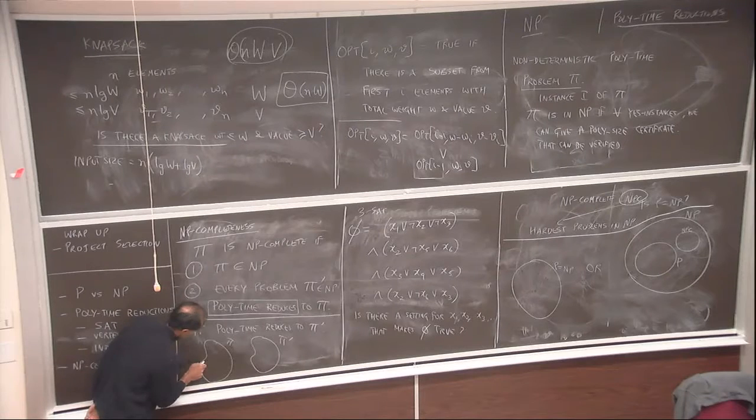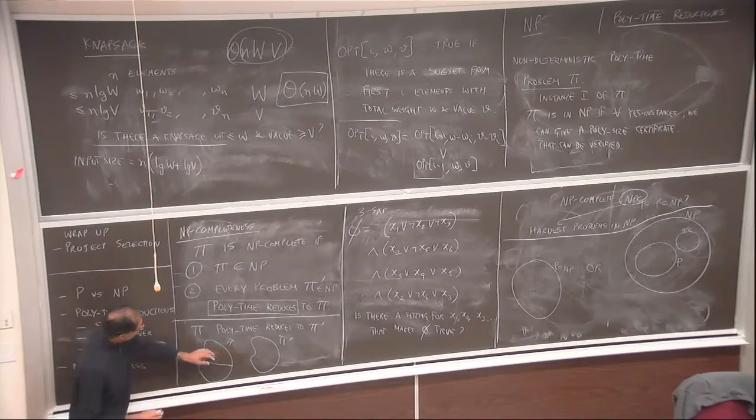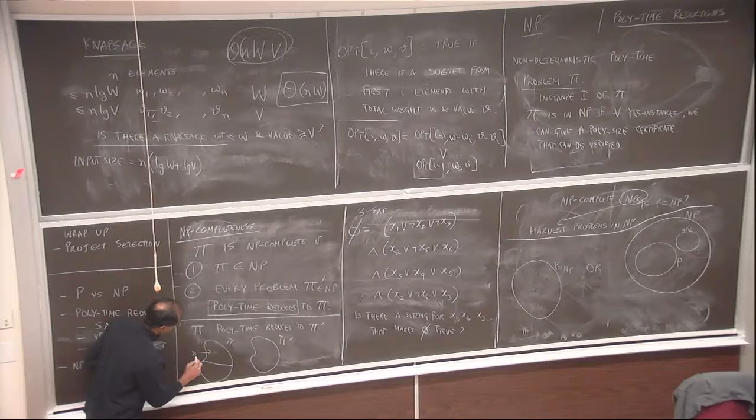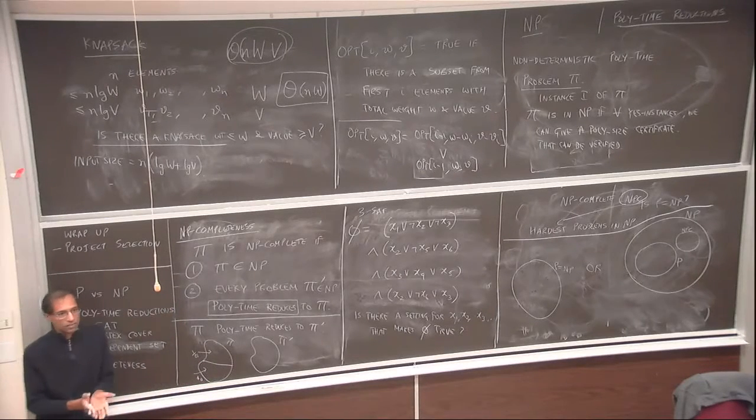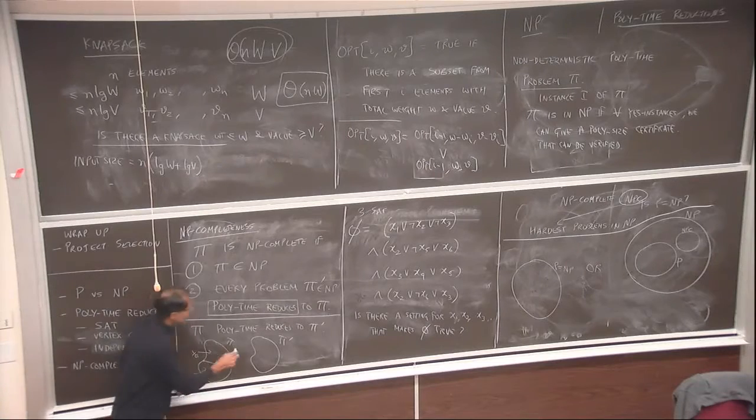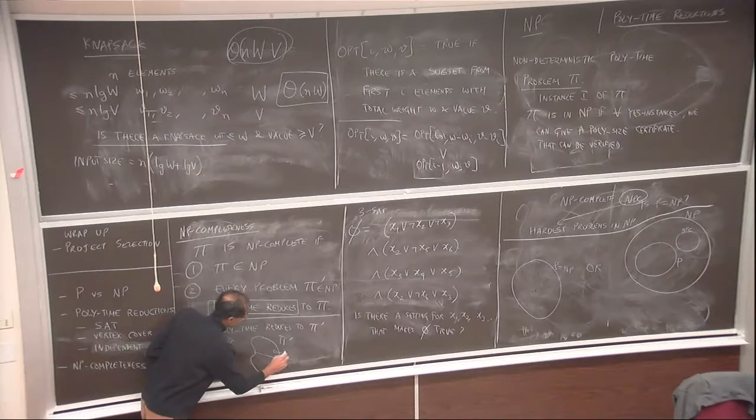If there is a function, so you look at this Pi, this is Pi prime. Remember, the instances of Pi, some of them are yes instances and some of them are no instances, right? If you're talking about decision problems, it is either true or false. Similarly for Pi prime, you have yes instances, you have no instances.